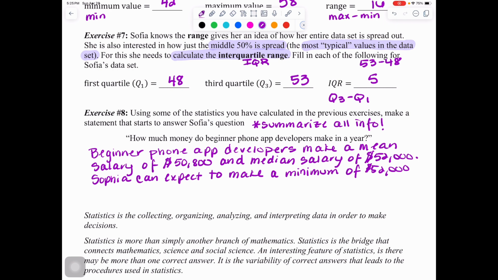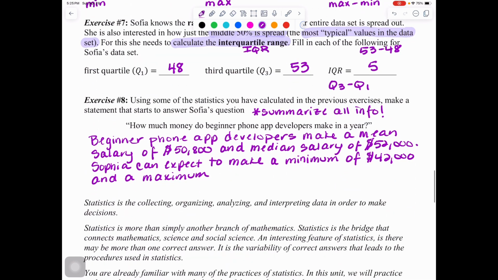Nope, sorry, that was $42,000. And a maximum, if I go up and look, of $58,000.